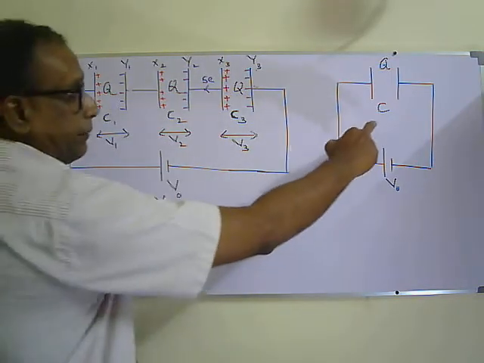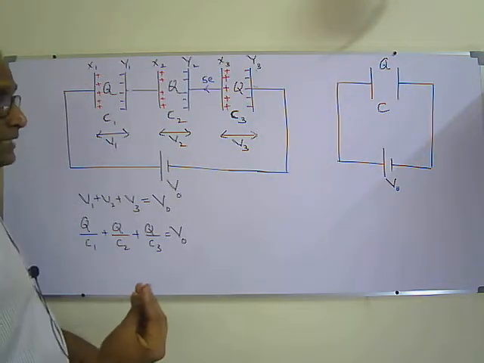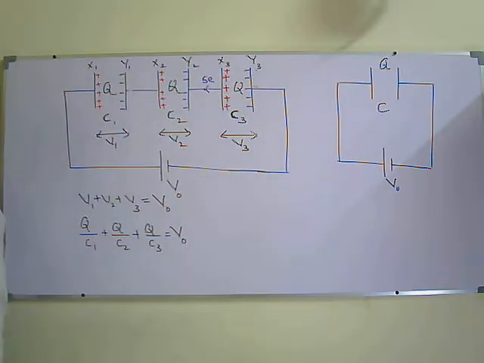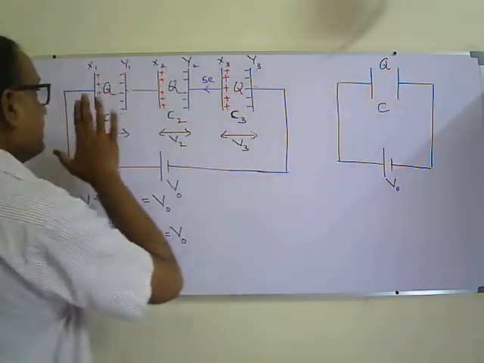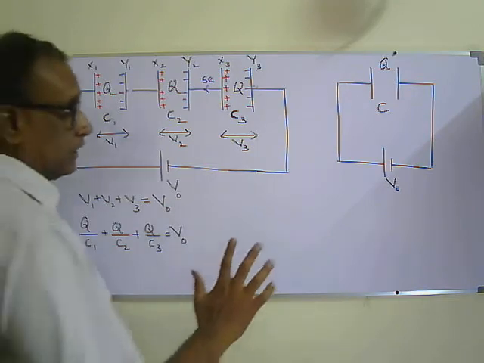So that capacitance C is called the equivalent capacitance of the series connection of these three capacitors. So I can get a relationship between this equivalent capacitance and C1, C2 and C3. You should understand the meaning of equivalent capacitance.